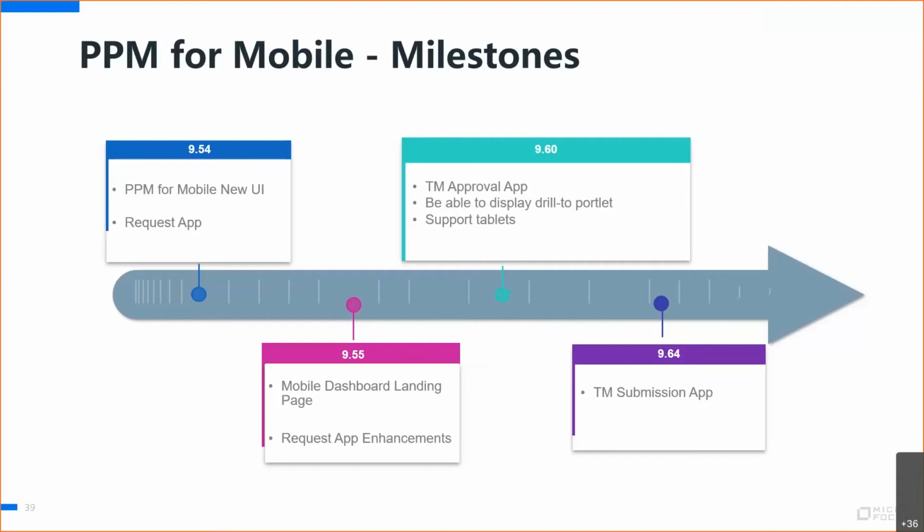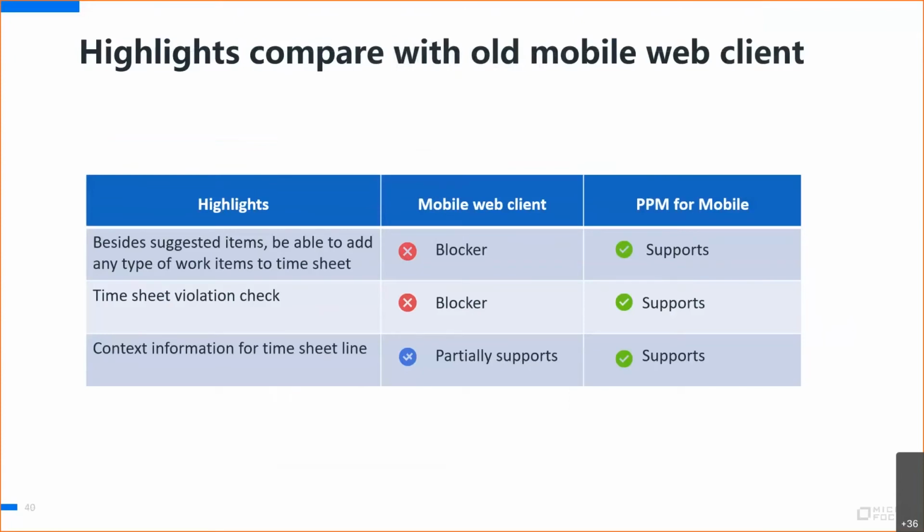Let's look at some comparisons between the old mobile web client and the new mobile application for PPM. In the older mobile web client, you could only add items using the suggested items. You were not able to add any type of work item apart from the suggested ones, but that limitation is no longer there in the latest mobile app.